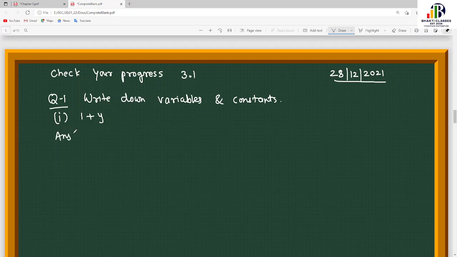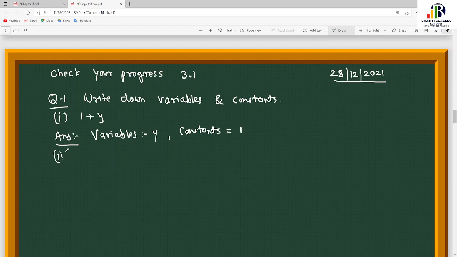In these variables, only one variable is there, y, and constant, only one constant, 1 is there.